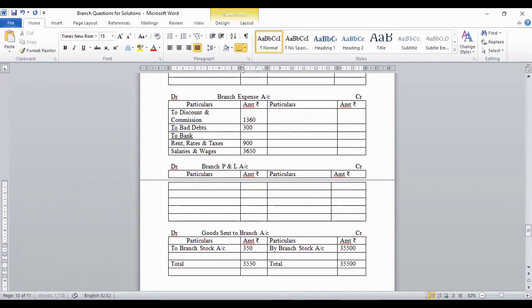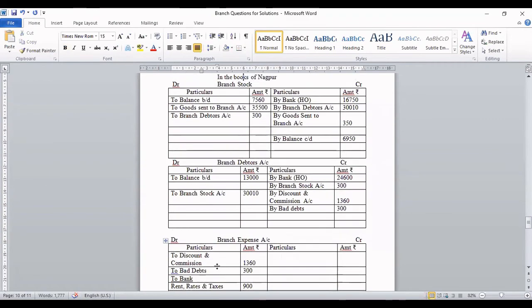Tell me the difference. 35,150. That will go to trading account. So this is the balance. I'll just keep it in bold.